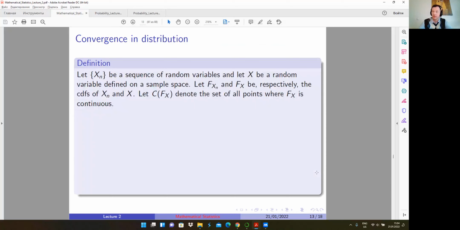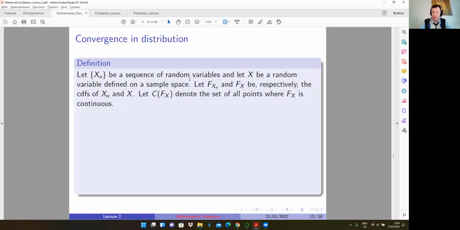Be careful, those are two different concepts. Convergence in probability means that the probability that your random variable would deviate from some constant or some other random variable becomes negligible, and convergence in distribution means something a bit different.